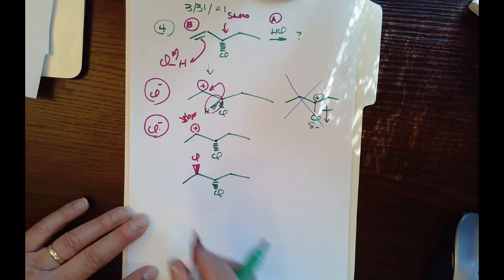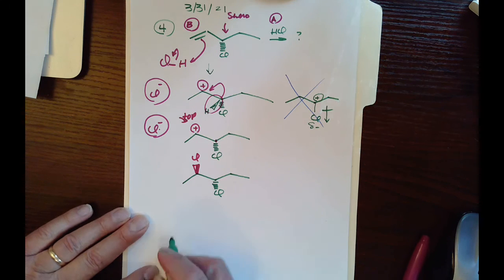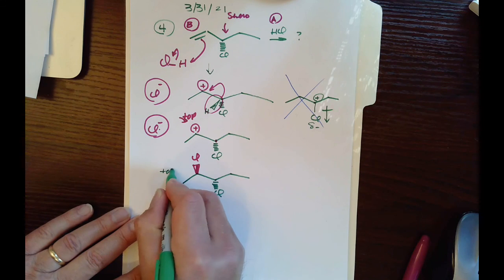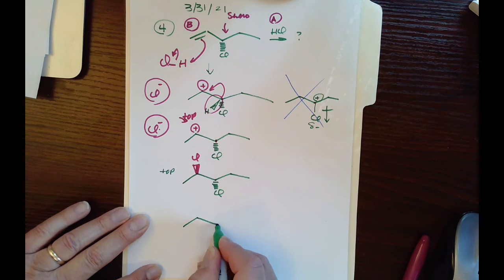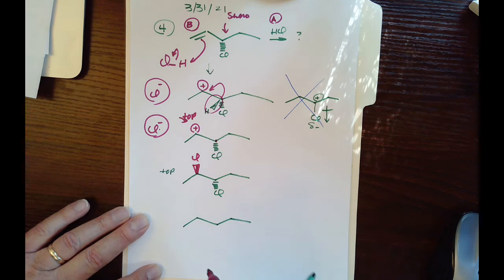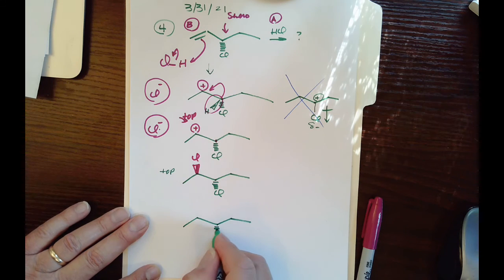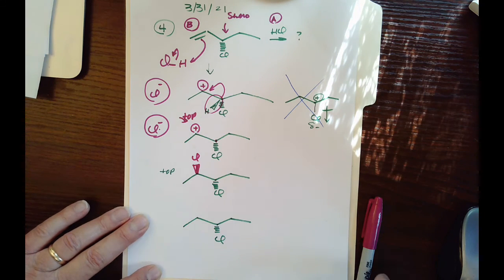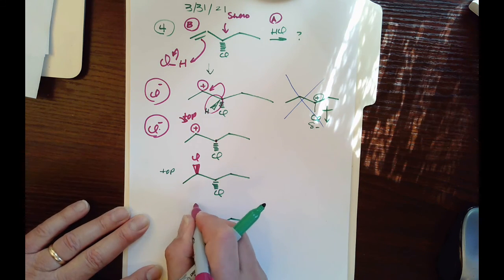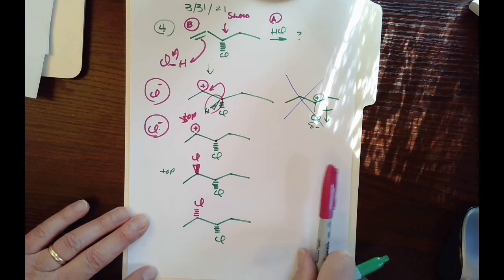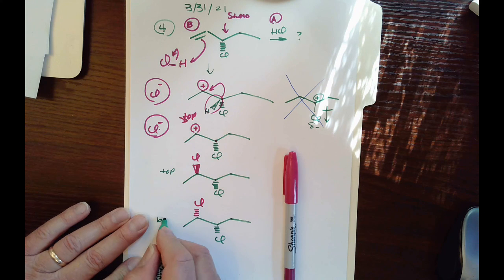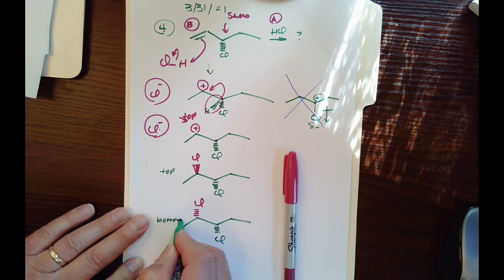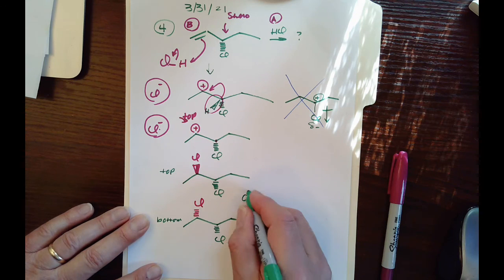Now, if the Cl comes from the bottom, so this is from the top, right? If the Cl comes from the bottom, so we have a Cl like this. So these two, they didn't put an R and S there, but these are two diastereomers.